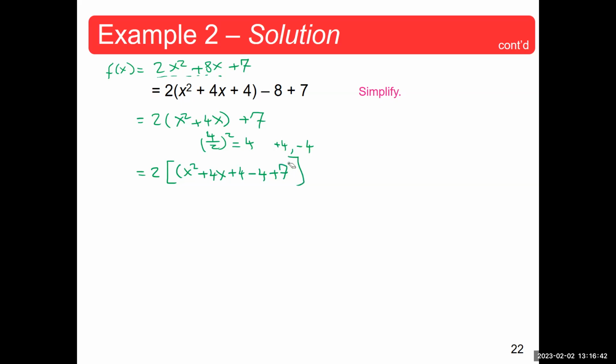Well, we don't need those for now. Now, which one is a perfect square? This part. Now it makes sense to have the small bracket. We have x, and this is positive. The square root of 4 is 2. That's squared here. Now, negative 4 plus 7 will give you plus 3.